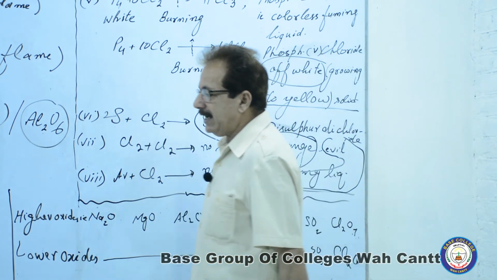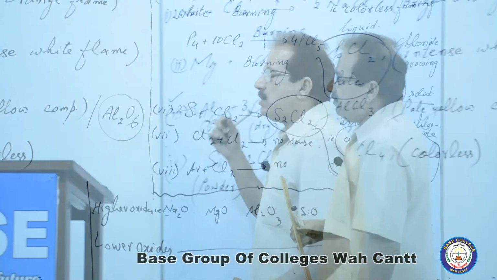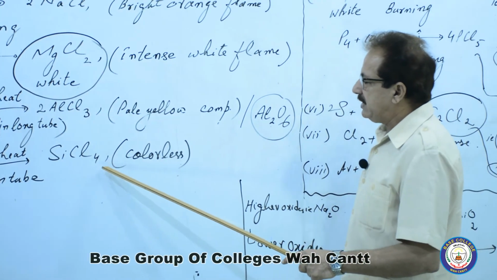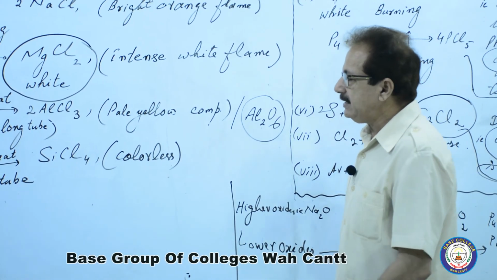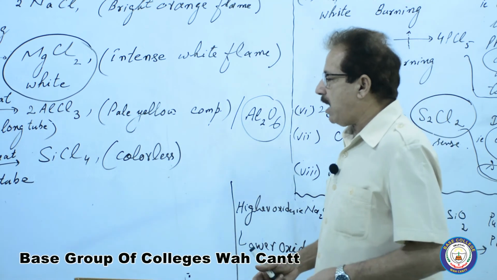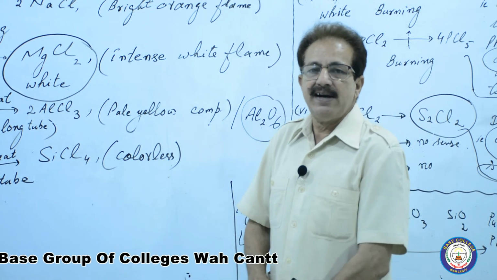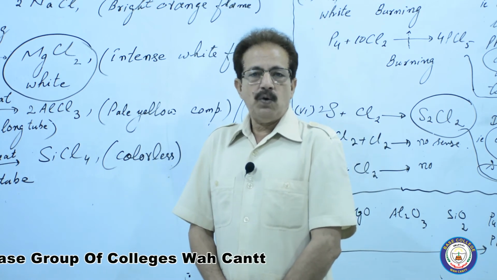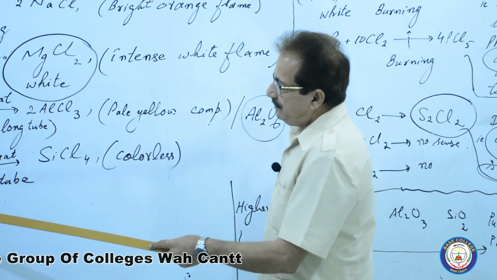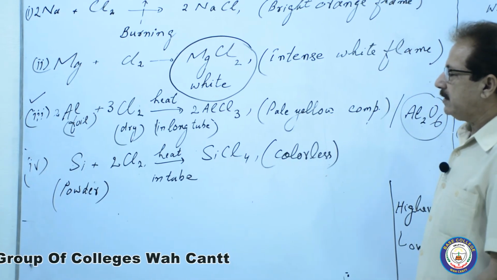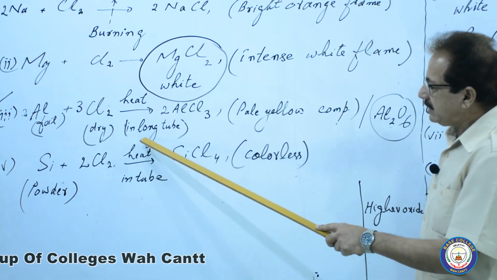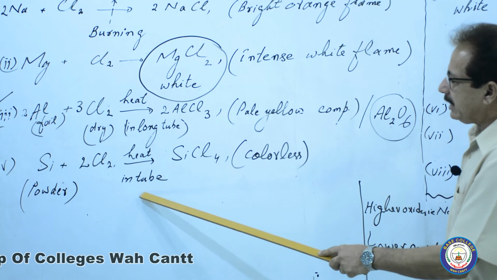Now I have already mentioned here SiCl4, that it is colorless. Here 3 MCQs may be asked in the Federal Board question paper or even in the NTS test. The physical state of silicon is powder form, and it is processed by heating in a test tube.